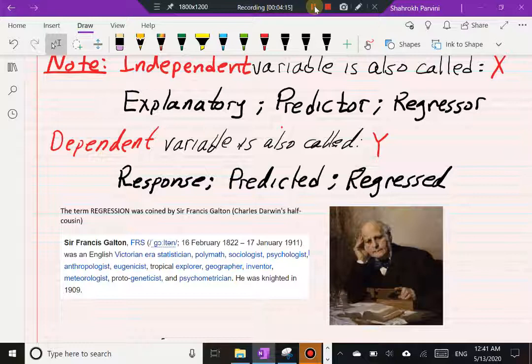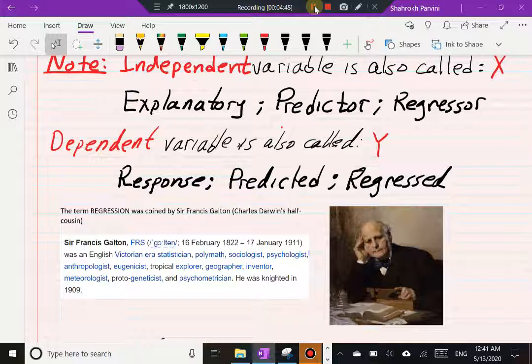He is the person who coined the term regression. Sometimes he called it regression to the mean, sometimes reversion to the mean. Nevertheless, the idea of regression is to fit a line through a set of scores, and then use the line to predict the value of the response variable.